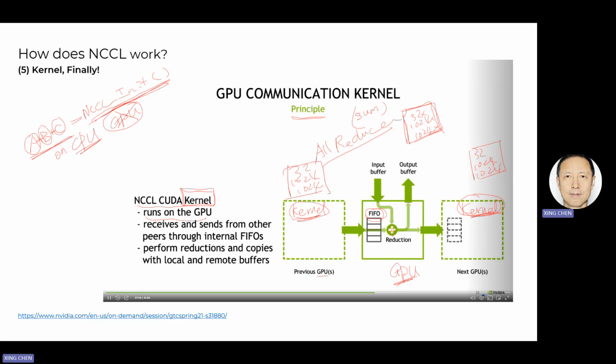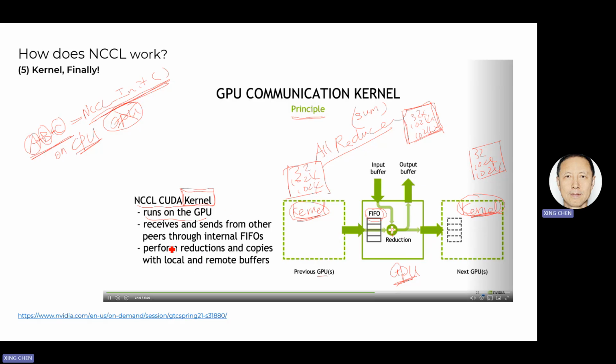At the end, once the ring has been passed through all these GPUs, all the arrays should have been reduced, and each GPU is going to hold the all reduce of all these arrays. This is how it works for the GPUs.